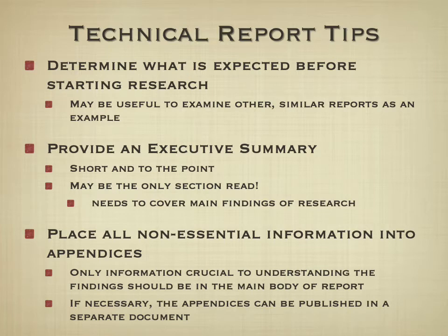And if there's enough of it, at times you may even have to publish the appendices as a totally separate document. But that way it keeps the body of the report focused and much easier to digest.